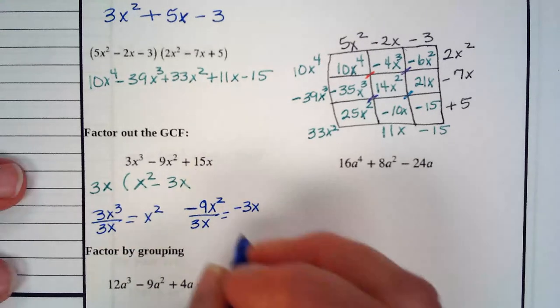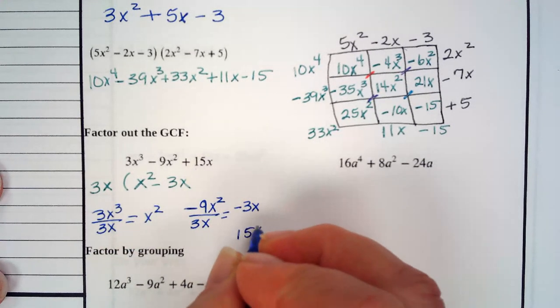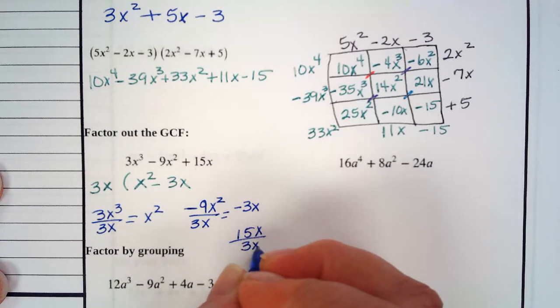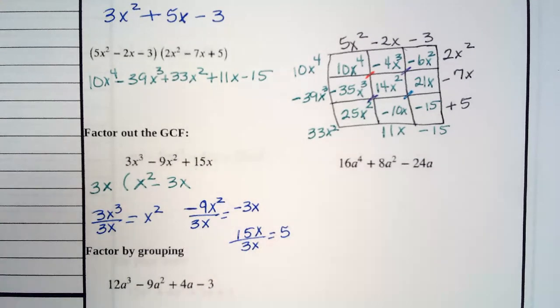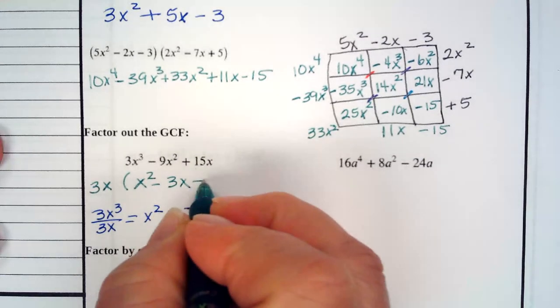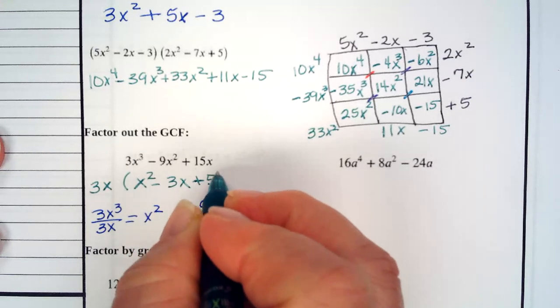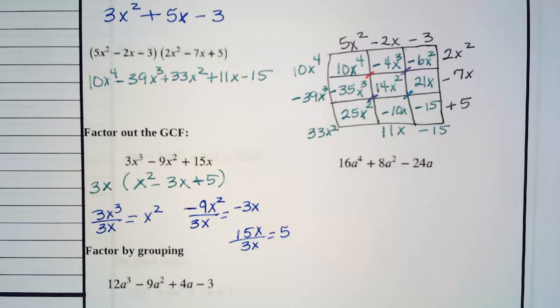And finally, 15x divided by 3x gives me 5. And there are your two factors. Okay, pause the video and see if you can do the next one on your own.